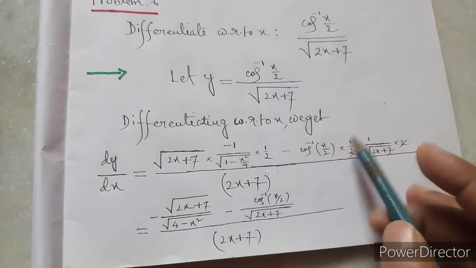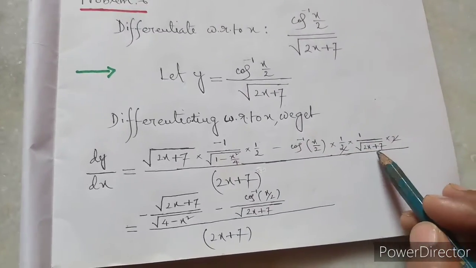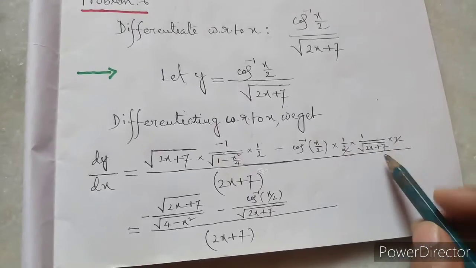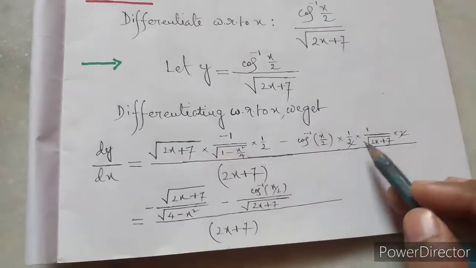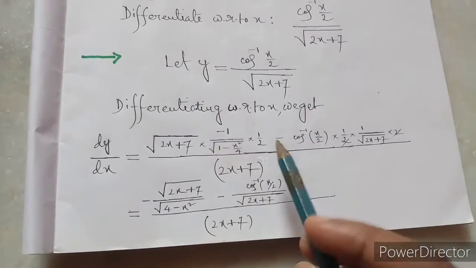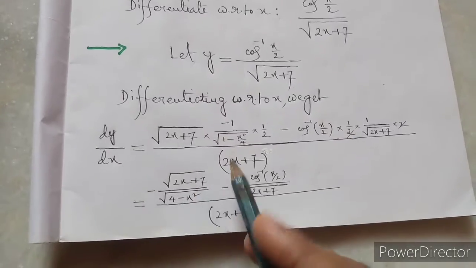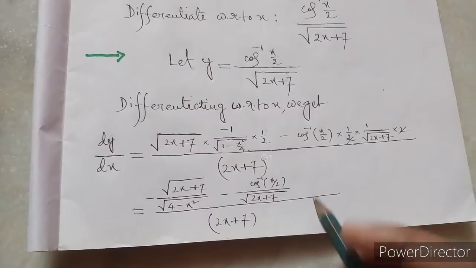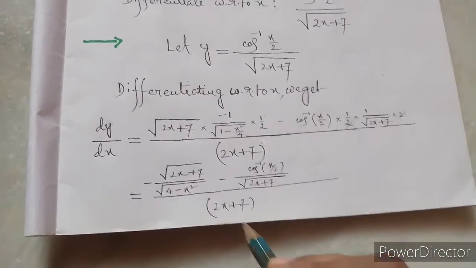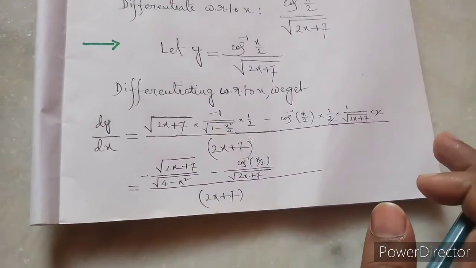Minus cos inverse (x by 2) is constant and the derivative of root under (2x plus 7) is half of 1 by root under (2x plus 7), and again the derivative of 2x plus 7 is 2, so 2 cancels out. So the answer is minus of root under (2x plus 7) by root under (4 minus x square), minus cos inverse (x by 2) by root under (2x plus 7), all by (2x plus 7). So that is your answer, and thank you so much.